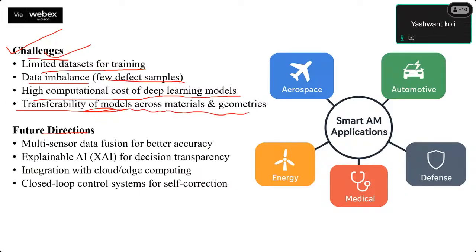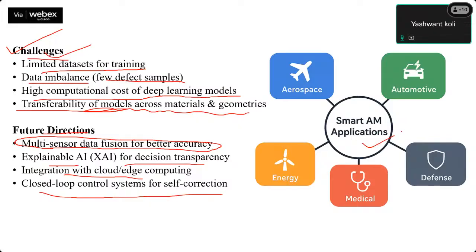Future directions are multi-sensor data fusion for better accuracy. So multiple sensors we can use, like acoustic, optical and thermal sensors we can integrate, and we can put all the sensors in one system. Explainable AI for decision transparency, integration with cloud computing, closed loop control for self correction.